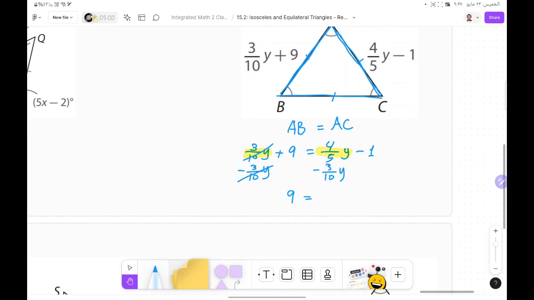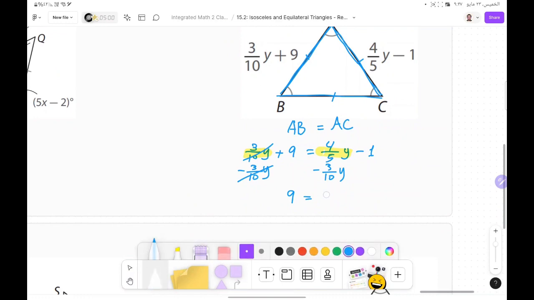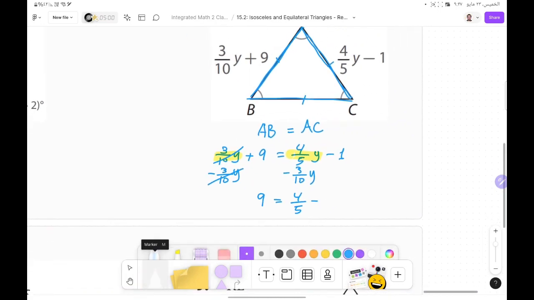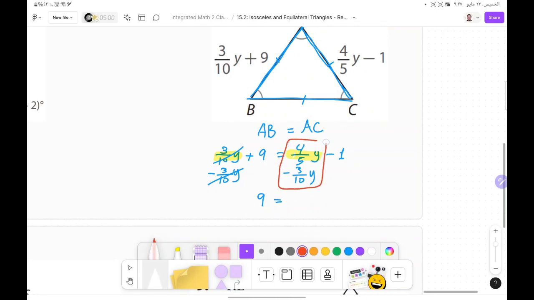Now we need to subtract these two: 4 over 5y minus 3 over 10y.